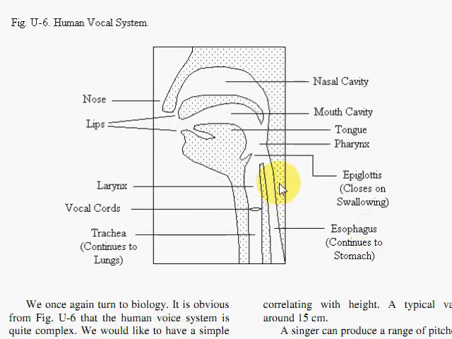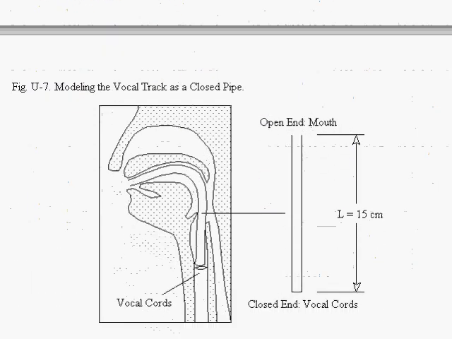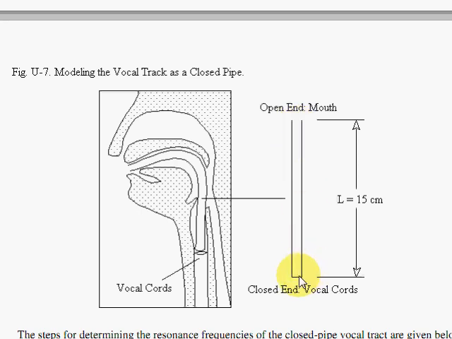Here we have the vocal system situation with the closed pipe with the vocal folds, and physicists like to idealize things, so that's simply a closed pipe. Straighten it out. There it is, and so much physics can be obtained by this simple model.